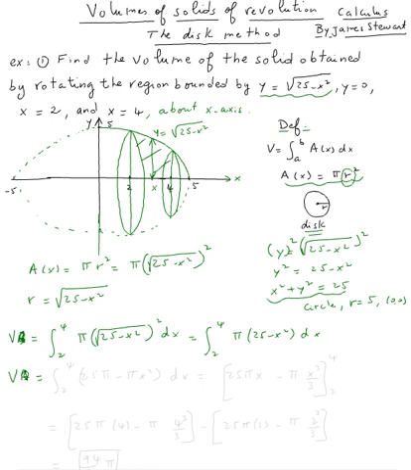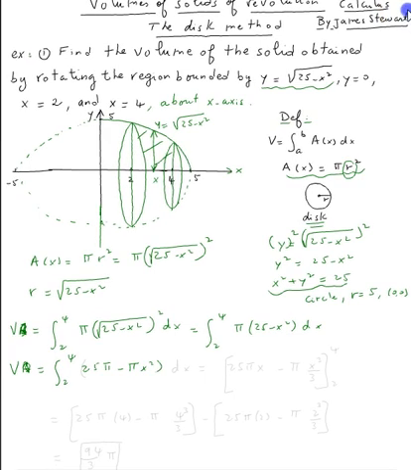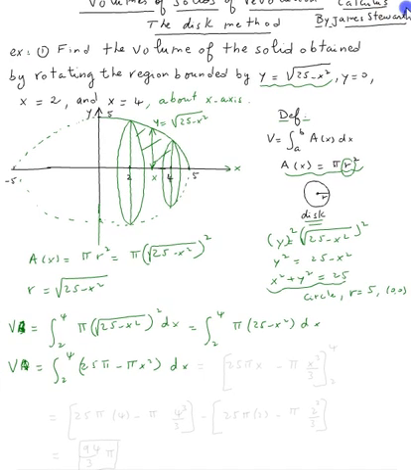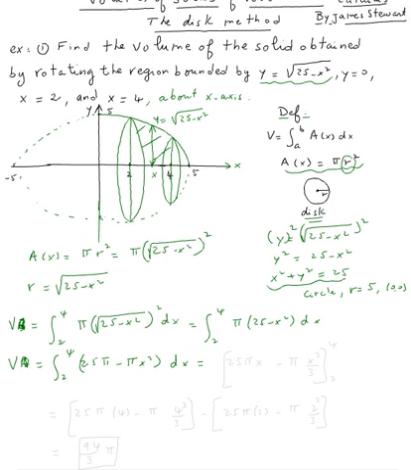So the volume is equal to the integral from 2 to 4, so I'm going to distribute, 25 pi minus pi x squared dx. And we know how to finish this. 25 pi is a constant, so it's 25 pi times x minus, using the power rule here, pi x squared becomes x cubed over 3, and you want all of this to be between 2 and 4.